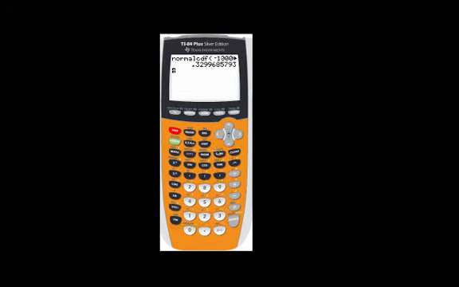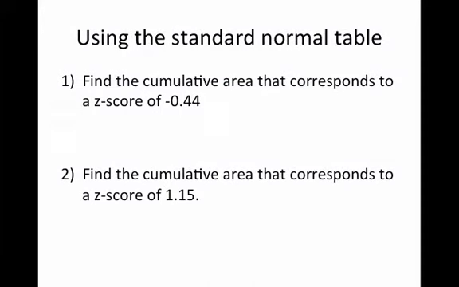So we go second distribution, normal CDF, negative 10,000, comma 1.15. And I get the area of 0.875. You can write your final answer as a decimal, or you can write it as a percentage. Either way.